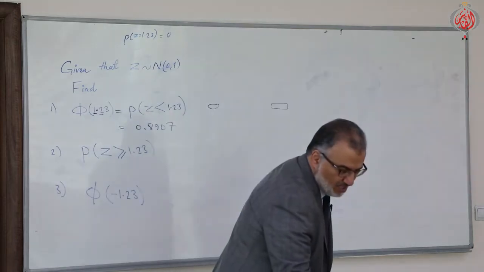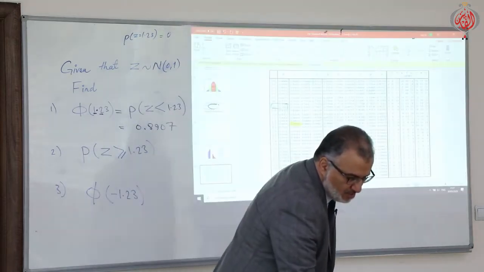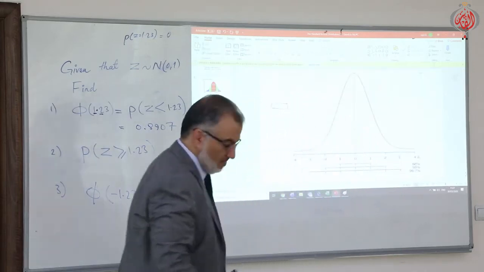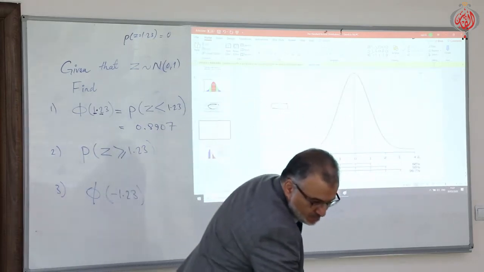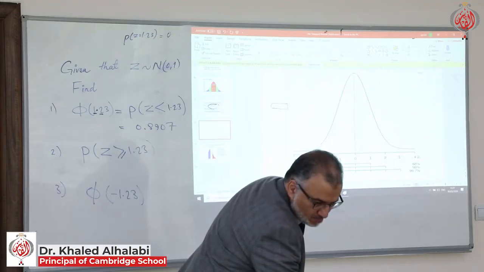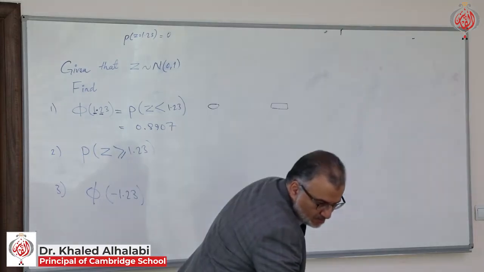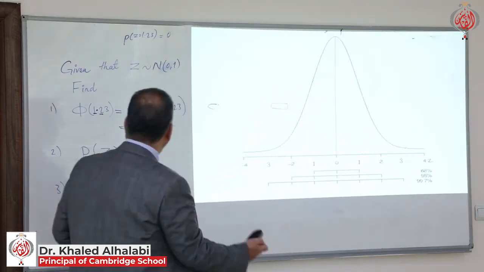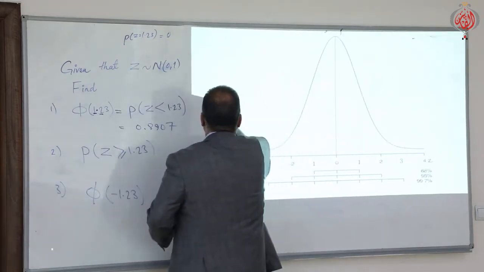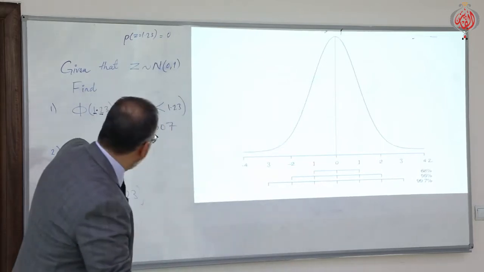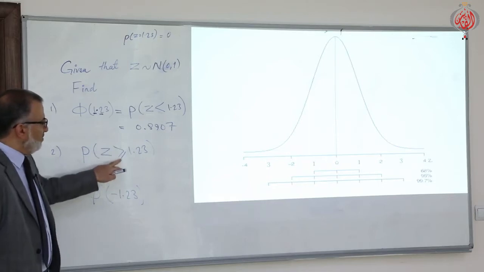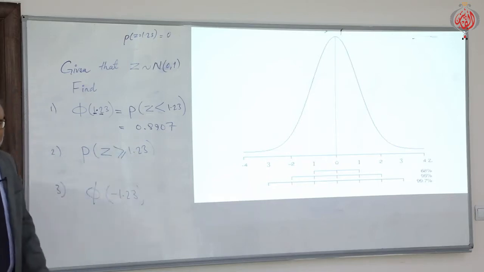Now let's return back to that curve. What about if I want to find the probability that Z is more than or equal to 1.23?